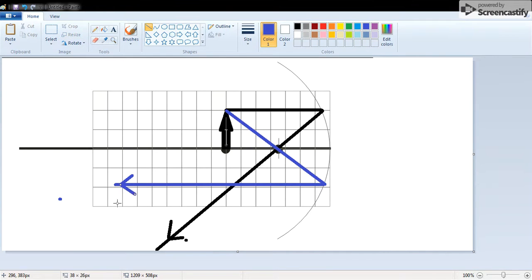Because all the light that originally left this arrowhead reassembled itself right down here. So we seem to have reassembled an upside down image almost right there.